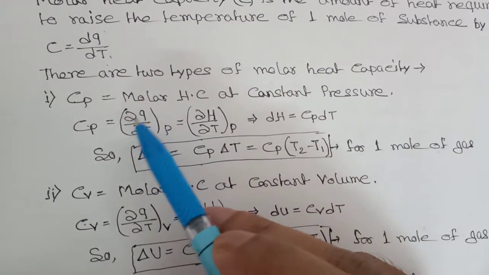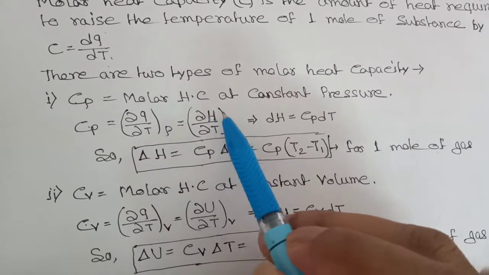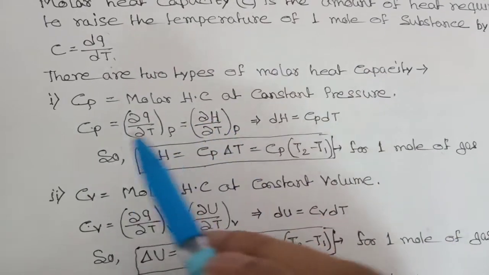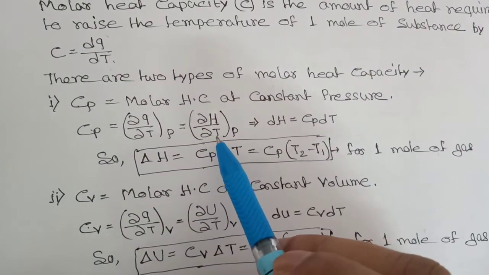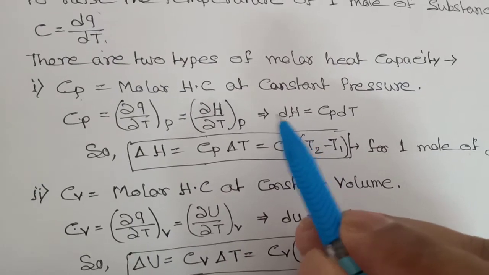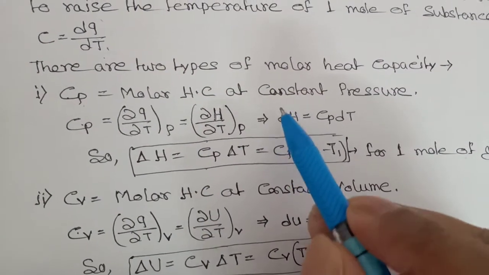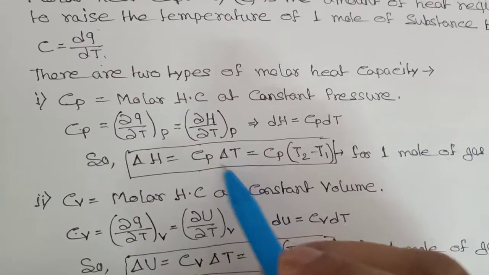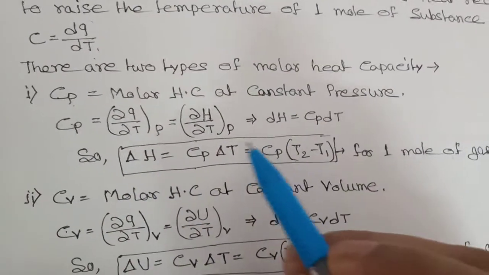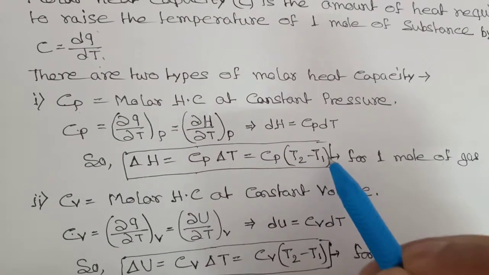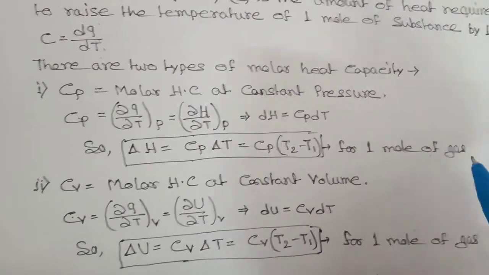So in place of dQ, we can write dH. So dH is equal to Cp multiplied by dT. We can replace d by delta also. So del H is equal to Cp del T. Del T means change in temperature, this is change in enthalpy, and this is final temperature minus initial temperature. This is applicable for 1 mole of gas.